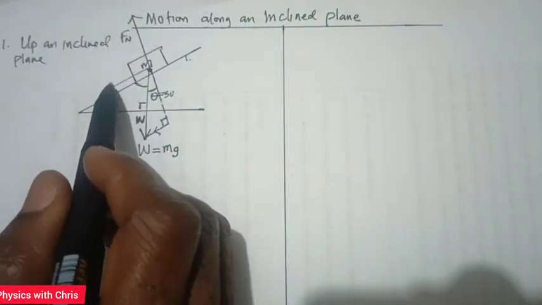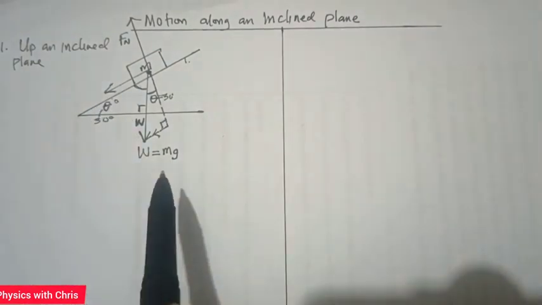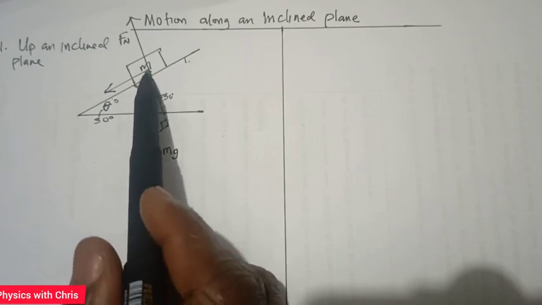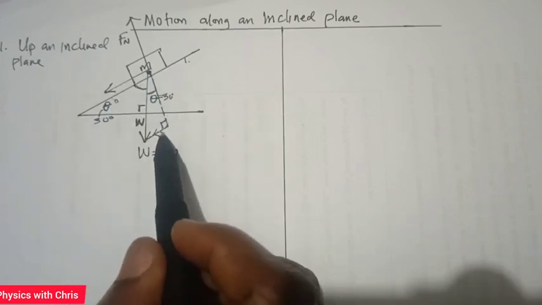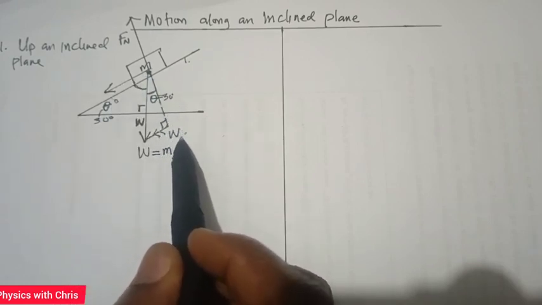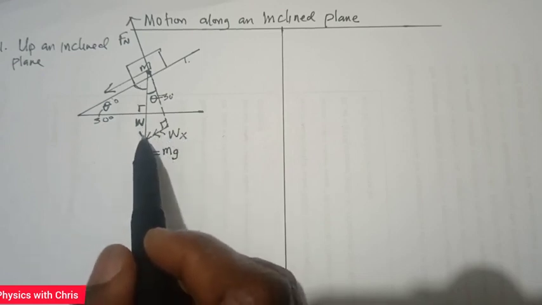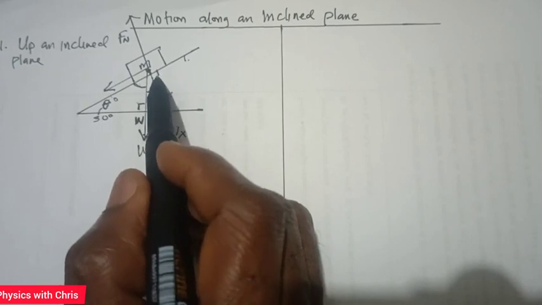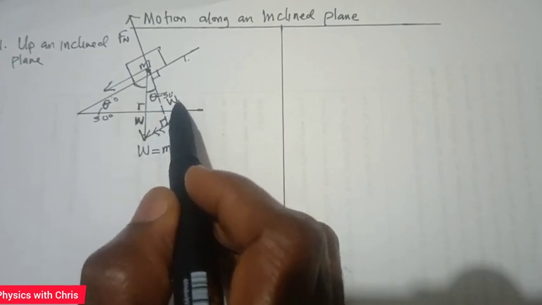Okay, so you can see that now. The component of the weight acting along this line is parallel to this line. So let me call that component Wx. And then there's a component of the weight that acts perpendicular to the plane. Let me call that Wy.